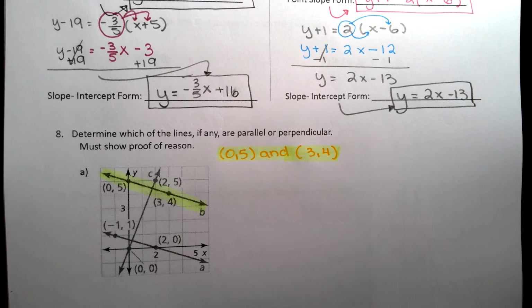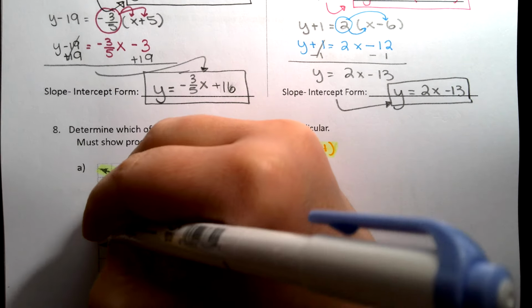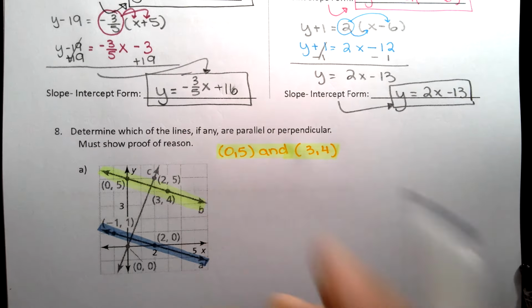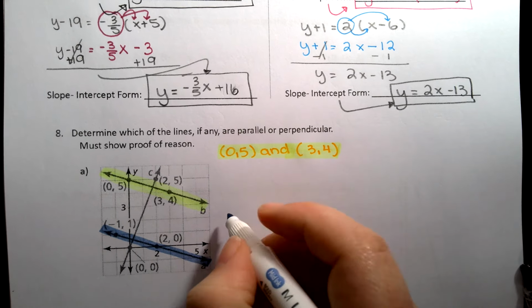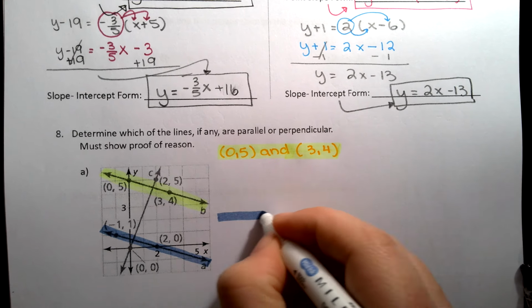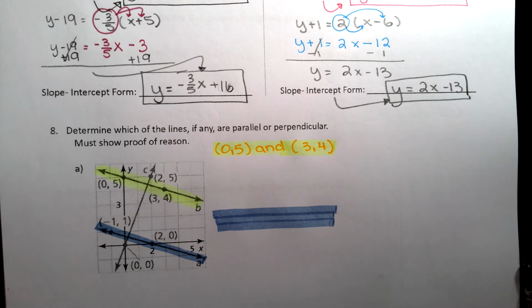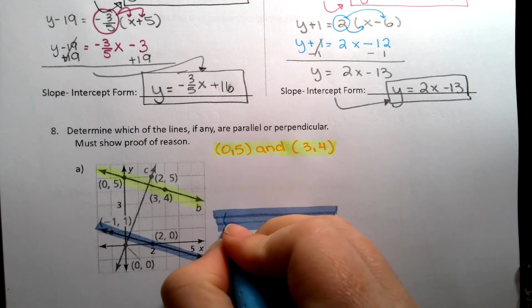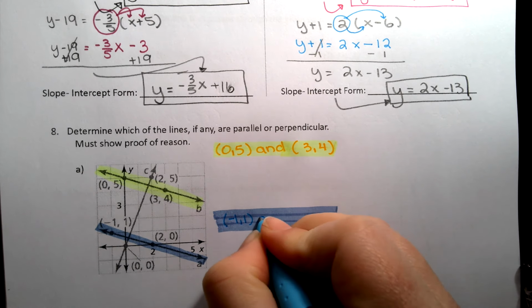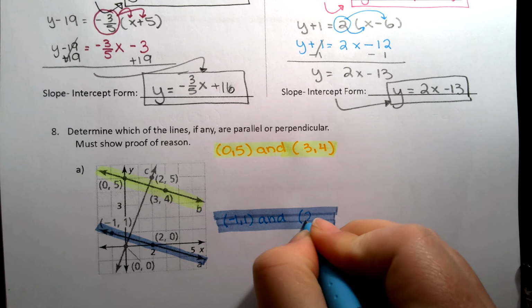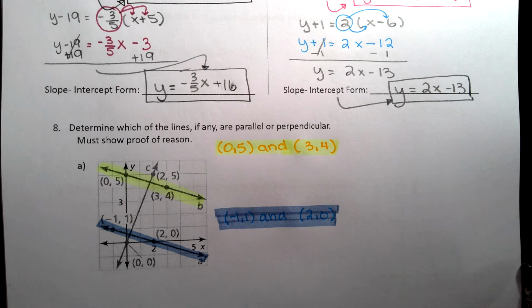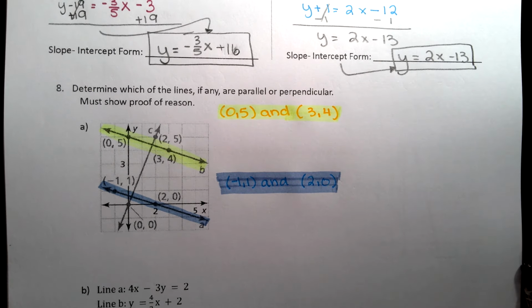Next, I have this line here. Let's call this blue. On this blue line, and I'm going to kind of give myself a little bit of space, I have 2 points, negative 1 and 1, and 2, 0. Okay, so I have a yellow, I have a blue. Now let's talk about what color is going to stand out.